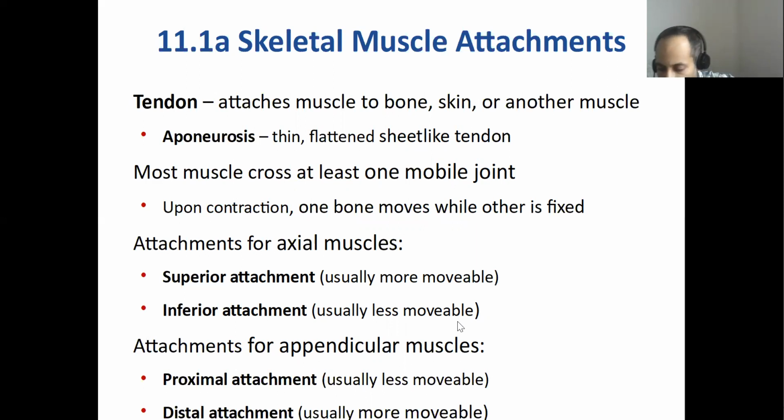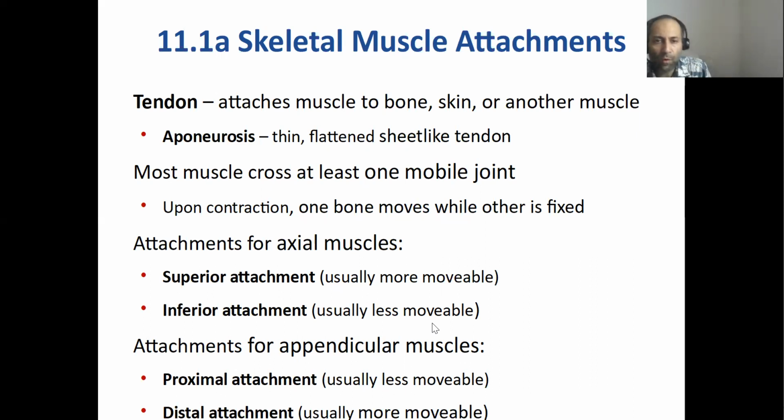And that makes sense. Again, sternocleidomastoid, so the mastoid process is superior, more movable. The sternum and the clavicle are inferior, so those are not that movable. So in other words, in our old terminology, this would be called the insertion, the more movable part, and the part which is less movable would be called the origin, okay?